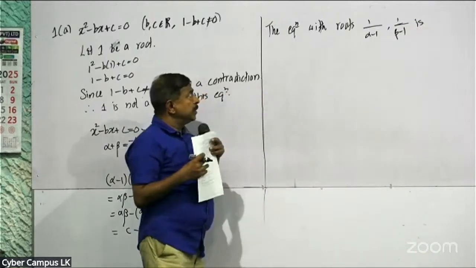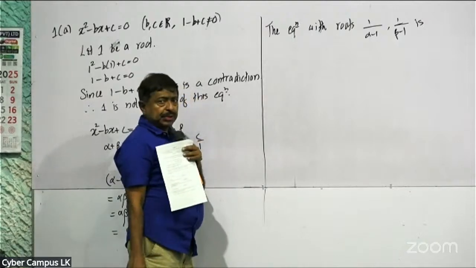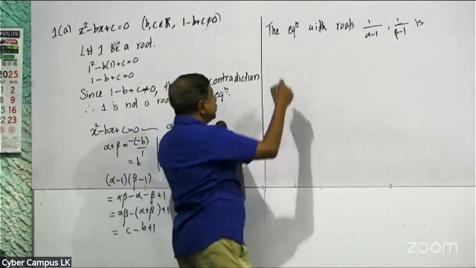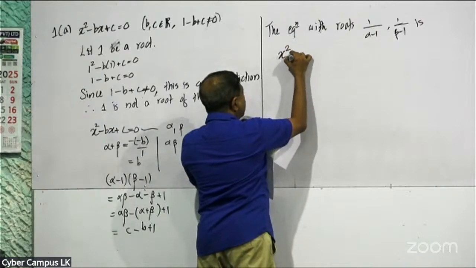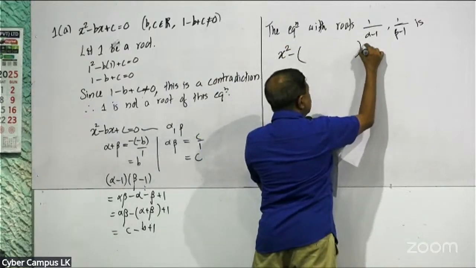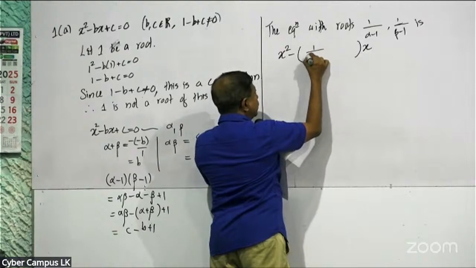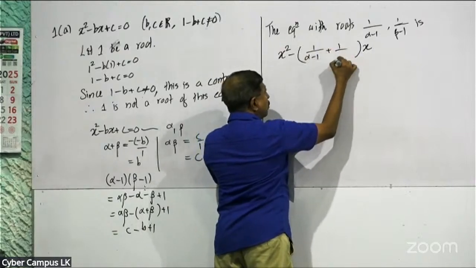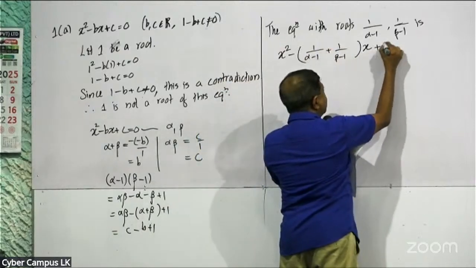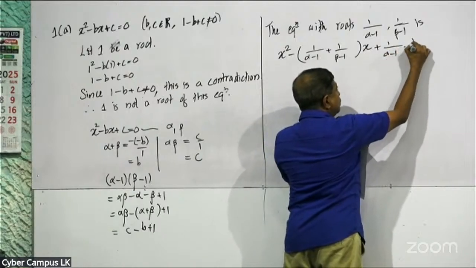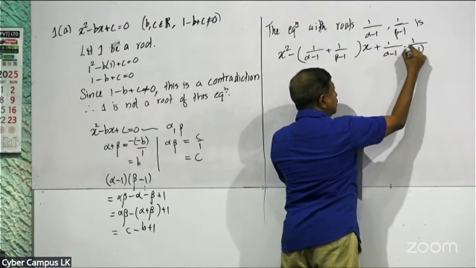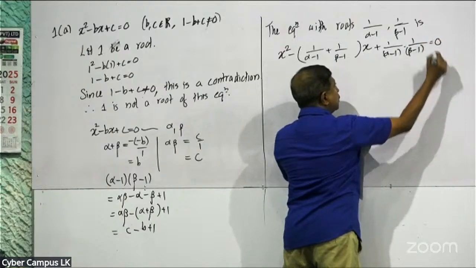The equation with these roots is this: you start with x squared, then minus the sum of the roots times x, plus the product of the roots.